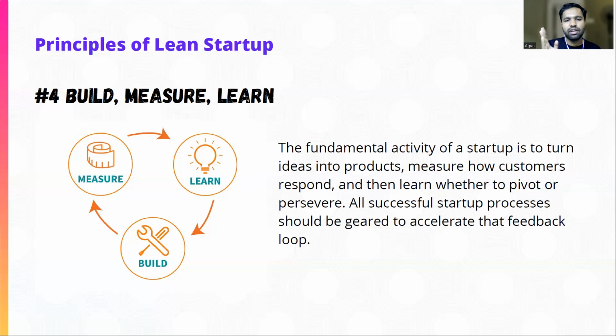Instead of doing this product with this idea, maybe you come up with a new idea, a new product, release it, give it to your customer and measure how the customers are responding. If they are giving you good feedback, then persevere. If not, again pivot, go to another idea, another product, and give it again to your customer, and measure their feedback. If it is good, persevere. If not, pivot. So it's like a loop. Basically, it's an infinite loop. It's not going to end.